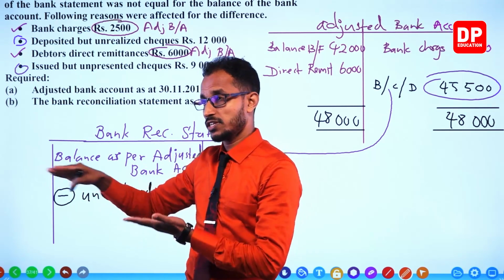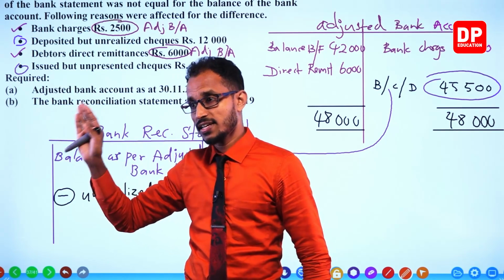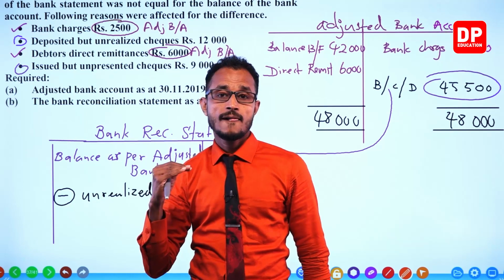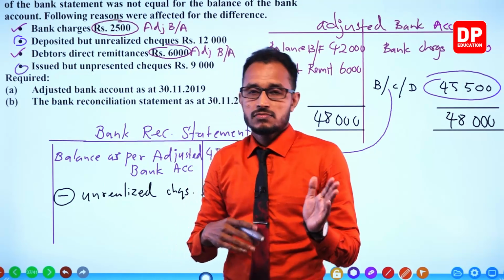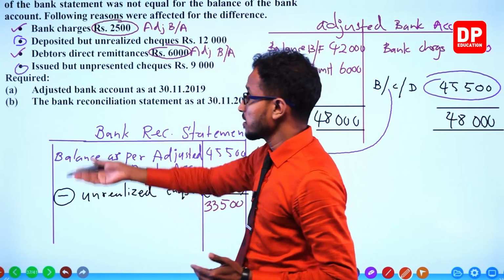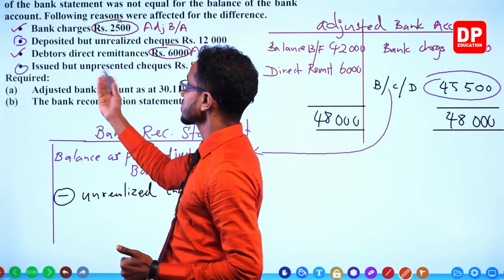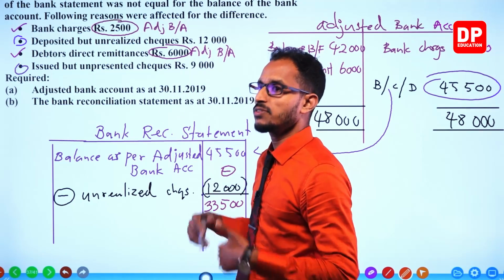So our bank balance from the bank account decreases. That's why issued checks are normally credited. But those checks have not yet been presented, issued but unpresented. So bank has not yet deducted. That's why we should add them again.